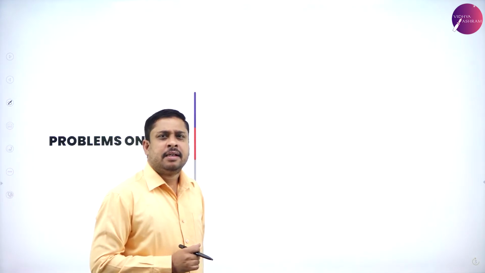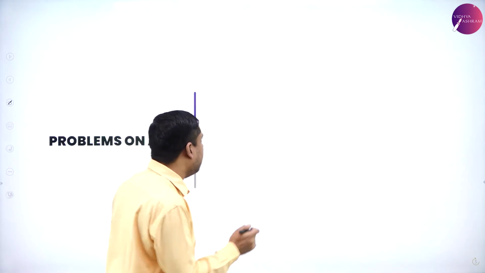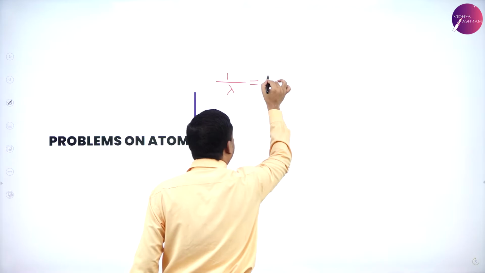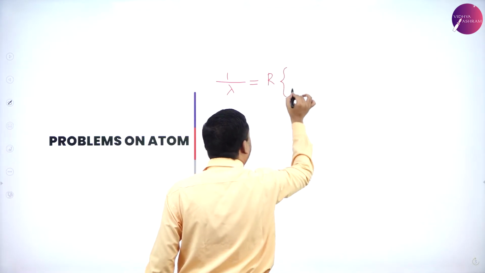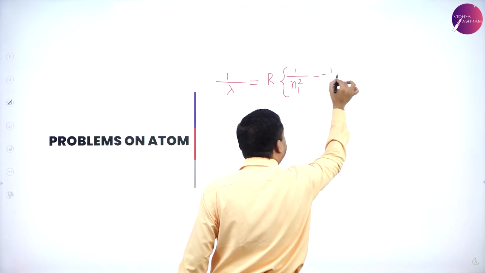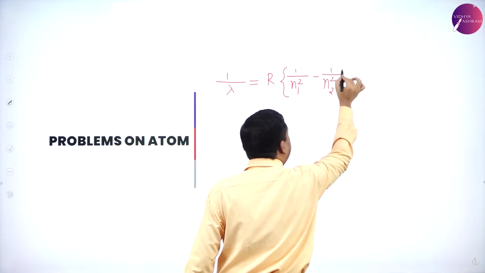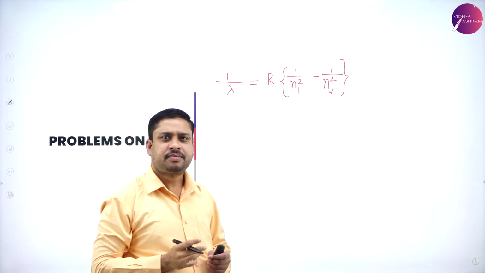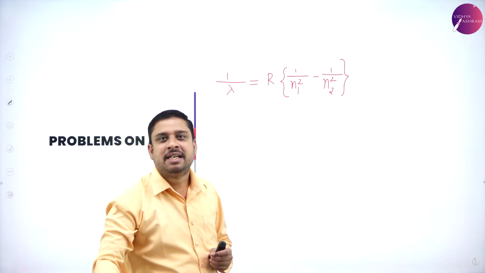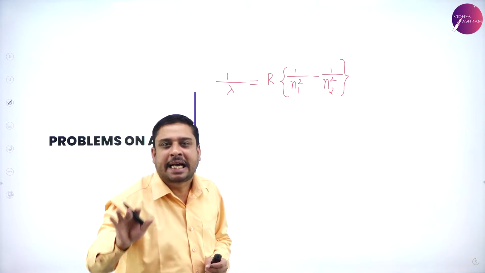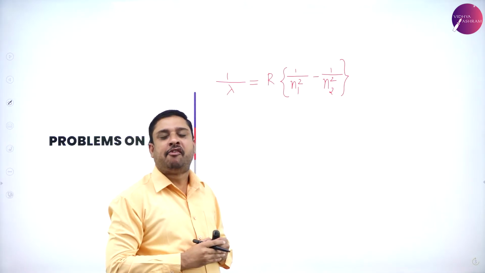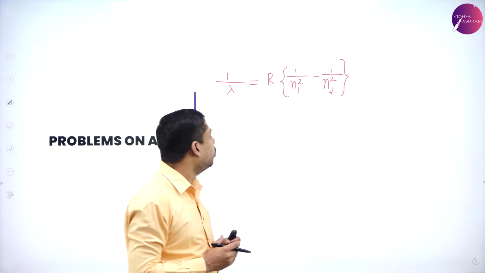Now, the same old empirical formula, 1 by lambda is equal to R, 1 by n1 square minus 1 by n2 square. Any number of problems, the moment hydrogen spectrum comes into picture, it is the empirical formula I am referring to.